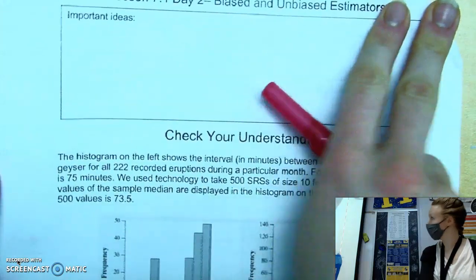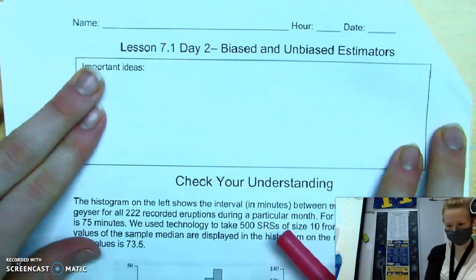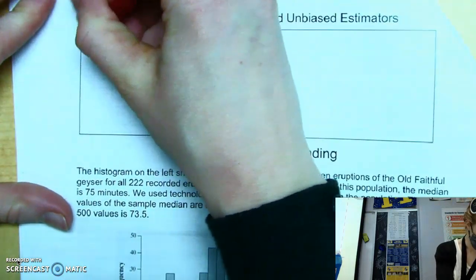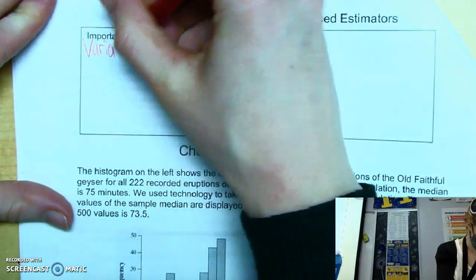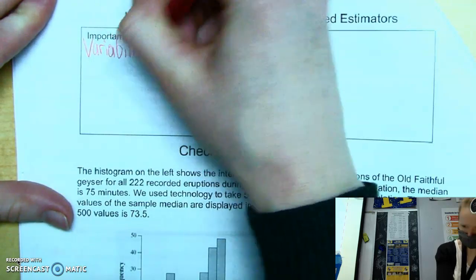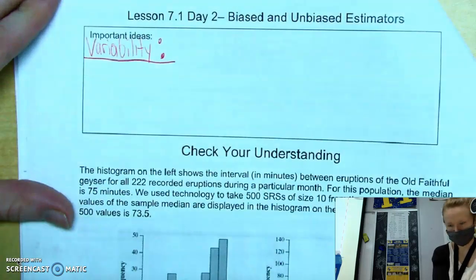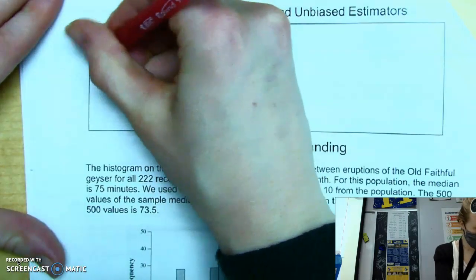So, important ideas are going to relate to that sampling distribution we talked about. The big thing we need to talk about is the variability of a sampling distribution or an approximation of a sampling distribution.